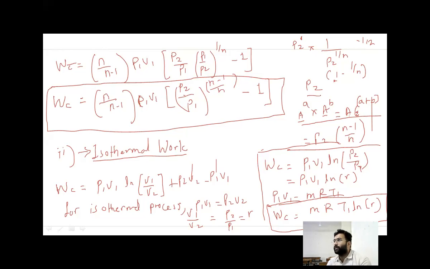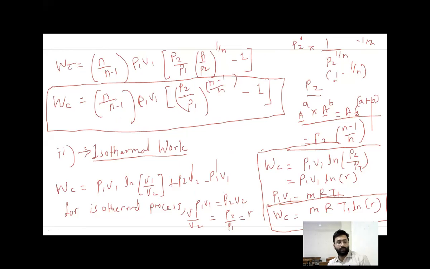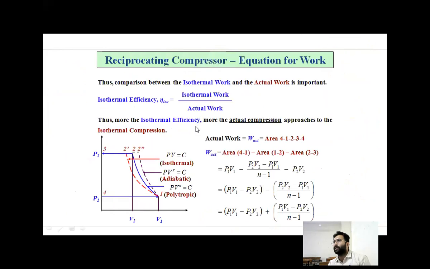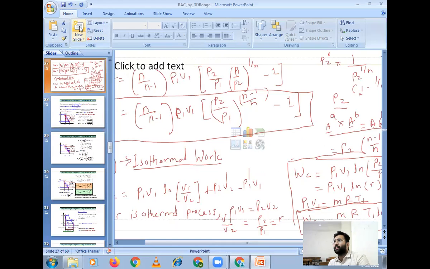And the last case is isentropic compression. The third case is adiabatic, or you can write reversible isentropic compression.